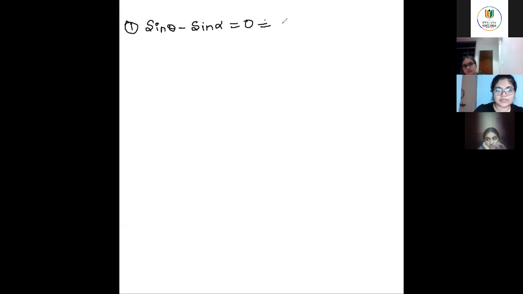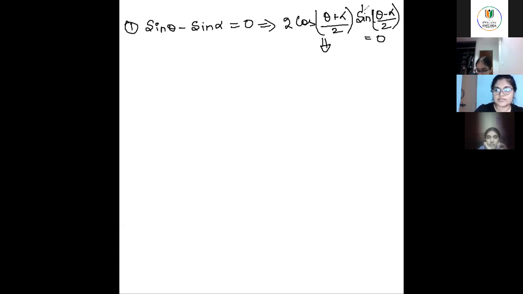So that means 2 cos of (theta plus alpha) by 2 times sine of (theta minus alpha) by 2 is equal to 0. So either this is 0 or this is 0, correct? Both can't be simultaneously 0. One has to be 0.